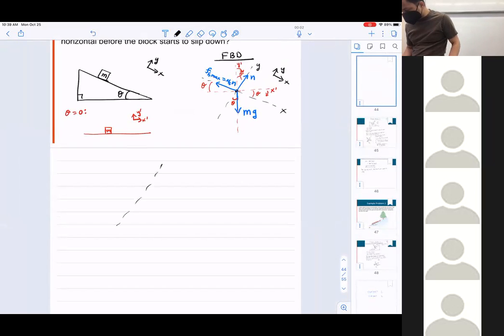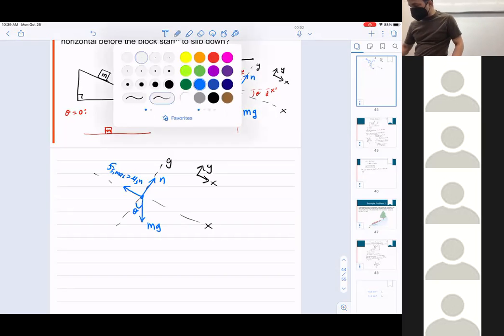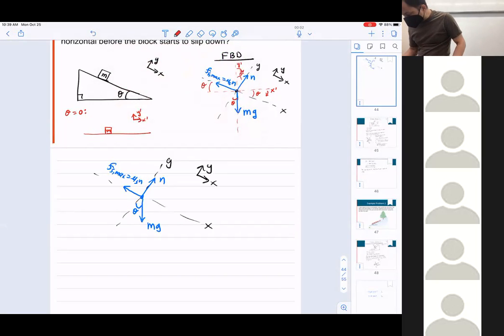So here is your y-axis, your x-axis, this is your x, this is your y, and you now have your normal force this way, your force of static friction, Fs max equals mu s N, and then you have your force of gravity mg down, and this angle now here is theta, and I'm going to resolve it into something along the negative y direction plus something along the x direction.